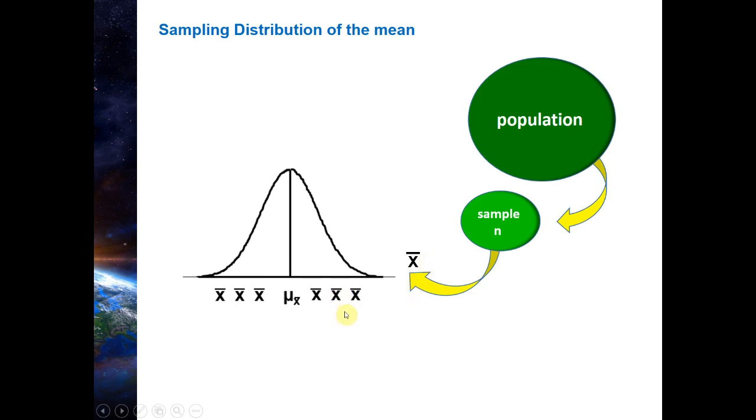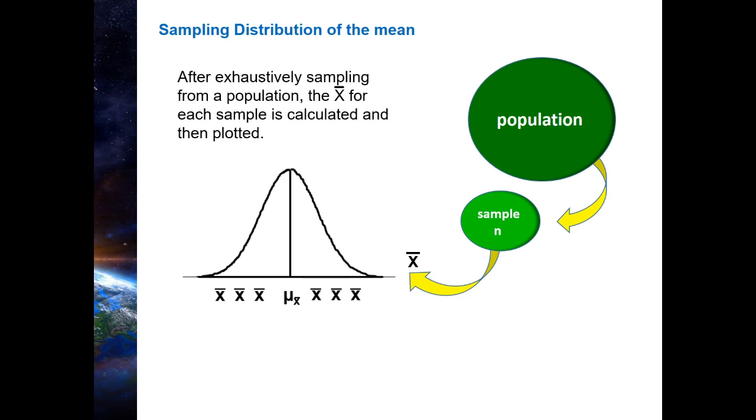And you keep doing that until you have exhaustively sampled. Once you've exhaustively sampled and you have this distribution, this is called the sampling distribution of the mean.